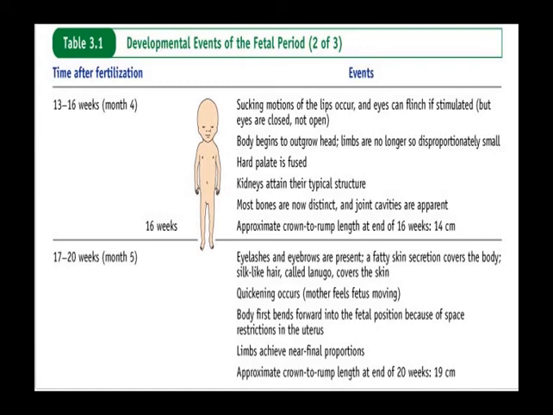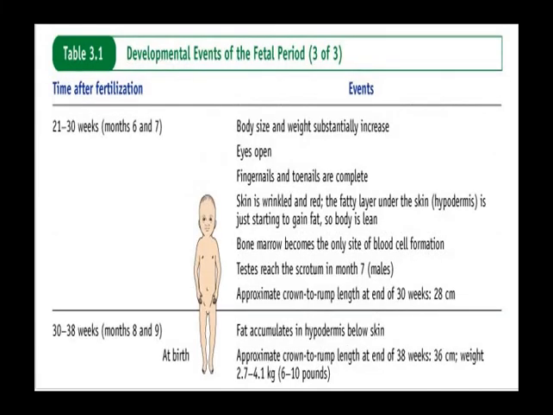Regarding the 6th and 7th months, from 21 to 30 weeks of gestation, the body size and weight substantially increase. The eyes open, and fingers, fingernails, and tonsils are complete now.